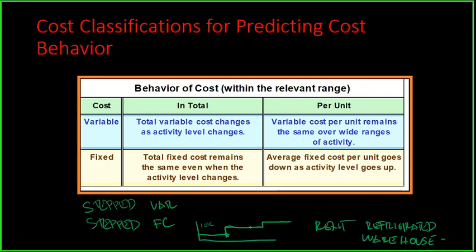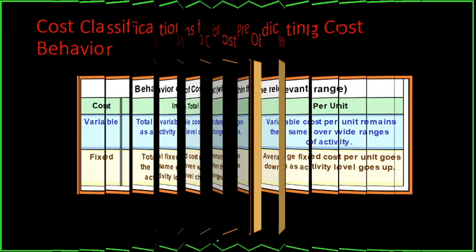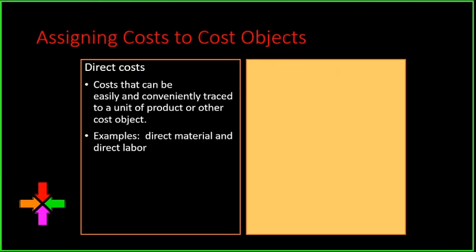So tataas na ngayon yung warehouse expenses mo. Okay po? So, there you go. That's your step fixed cost. Step variable cost naman, it's a variable cost pero at some point it is fixed. Okay, so, ayun.